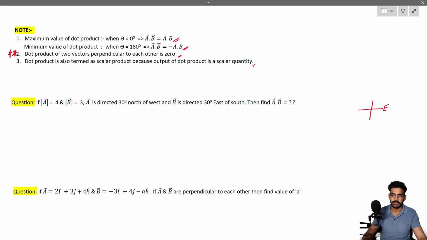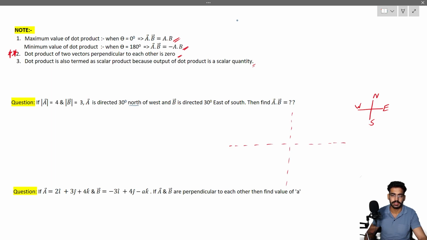Try to solve it by yourself: east, west, north and south. Define the x and y axes. It says a is directed 30 degree north of west.